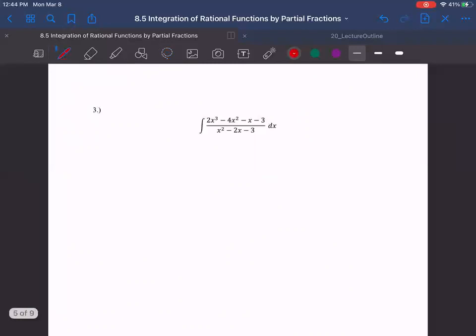And then this one, take a look here. What do we do here? Factor the bottom first? I'm going to say no. Not first.